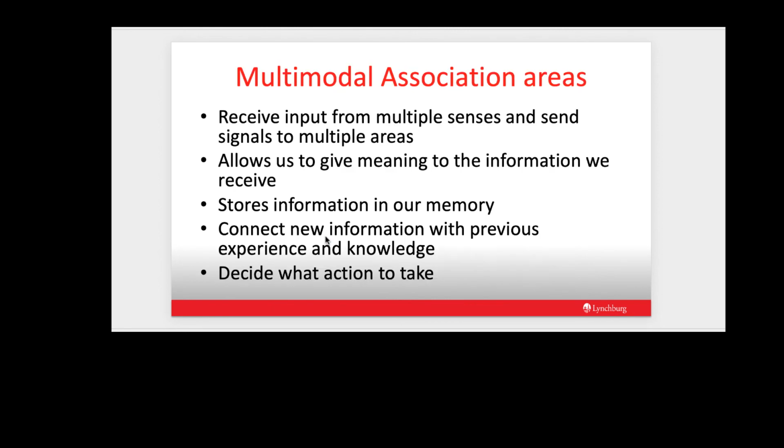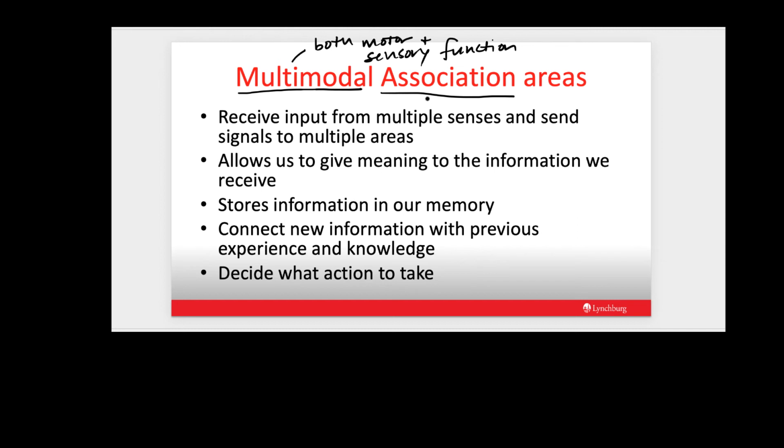And then, like we talked about before, we do have these association areas. These are multimodal. What we mean by that is that basically they take both motor and sensory function and combine it into one. This is a multimodal association area, receiving input from multiple senses and sending signals to multiple areas too.